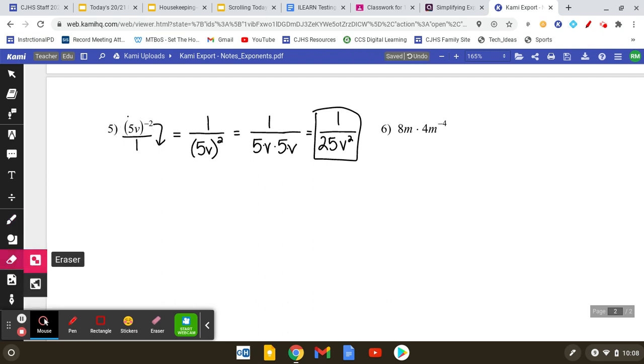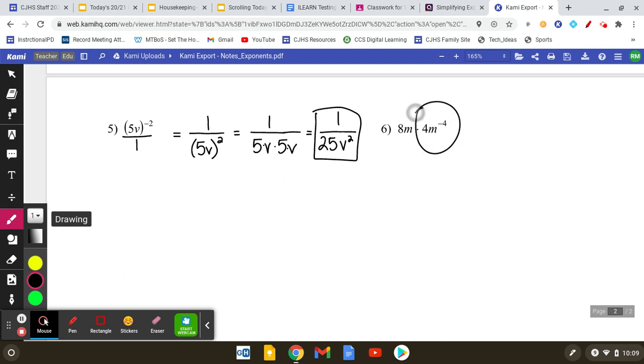I want you guys to look at the difference here. Notice the one with the negative exponent. We had parentheses 5v to the negative second power. If we just look at this, don't look at the 8m. What's the difference between this one right here and this right here?